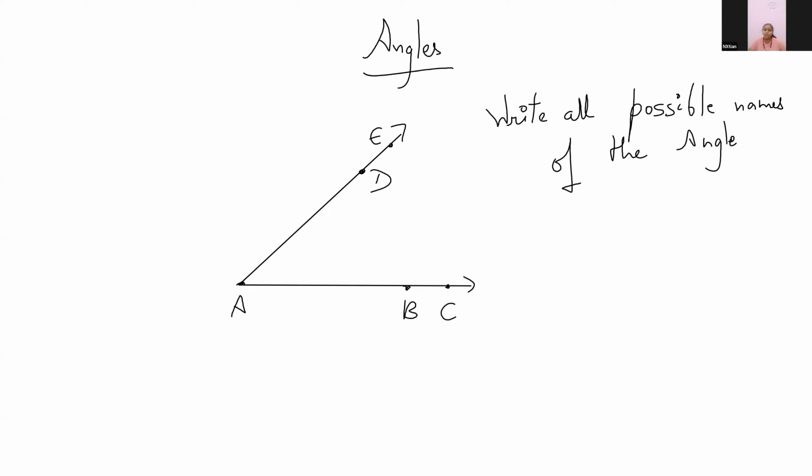You can unmute yourself and give me the names, like angle EAB, or DAC, DAB. How many do we have to give you? You can give me all, or some, like two or three.